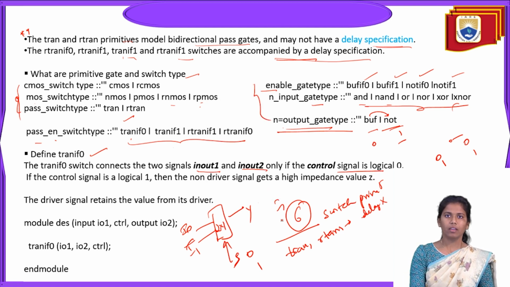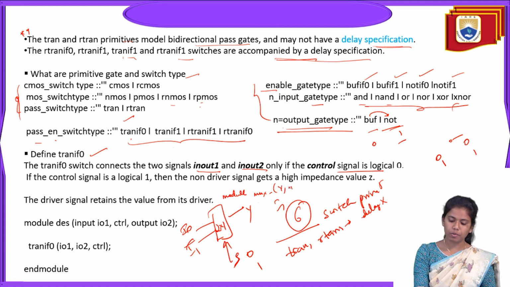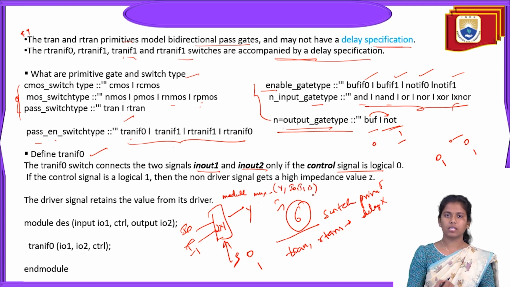Likewise, when writing multiplexer code, we write module, the name of the multiplexer, and in the port list we mention the output as well as the inputs and the selection lines.